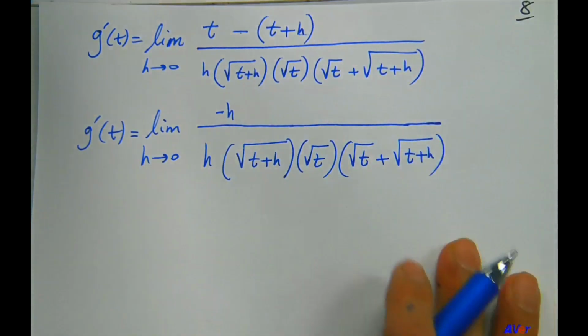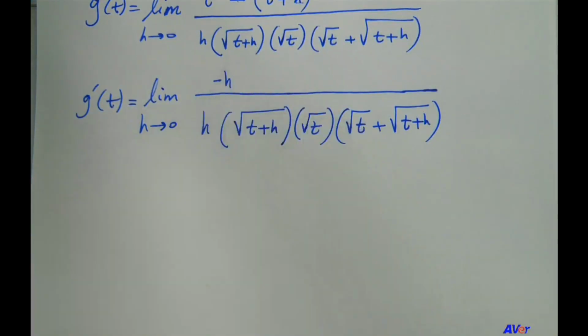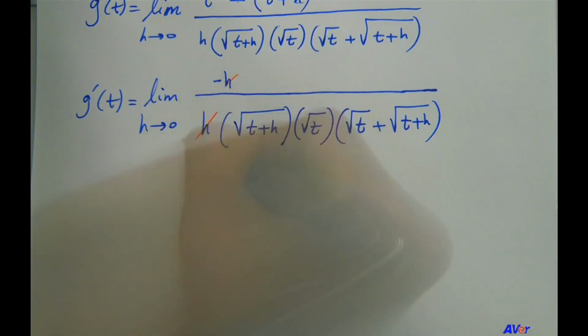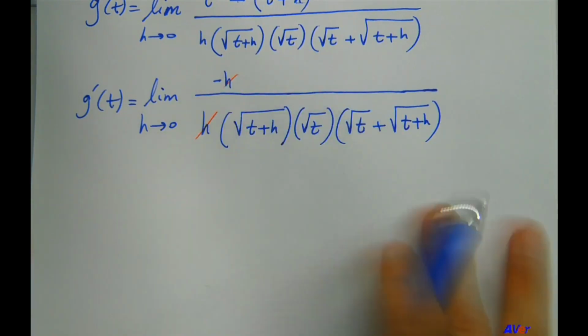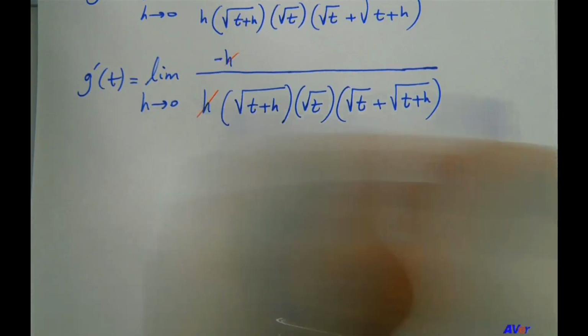Okay? All right, we're getting there, slowly, but we're getting there. So, of course, the h and h cancel each other out, right? That's nice, because then we don't have to worry about that h going to 0 and making everything 0.